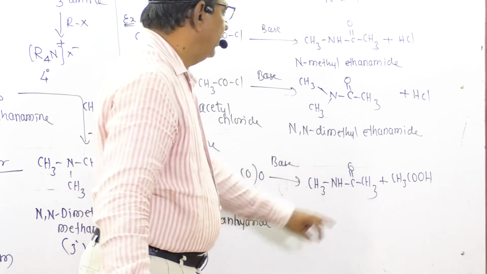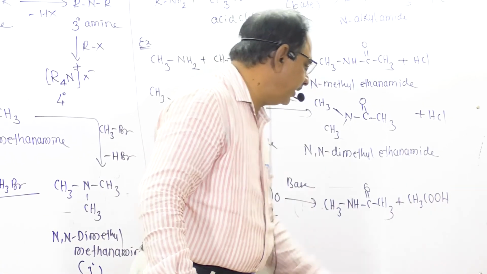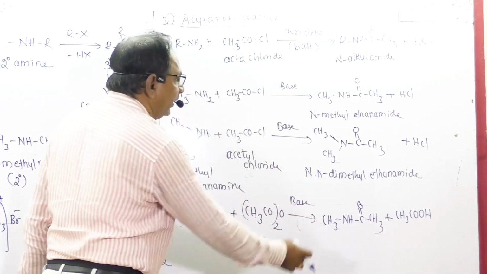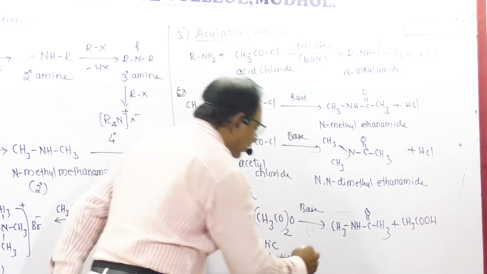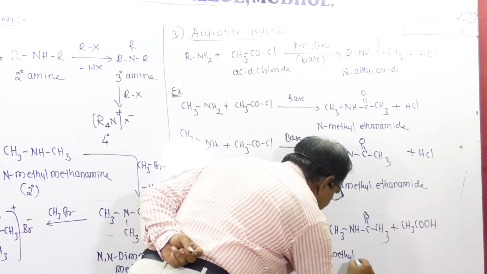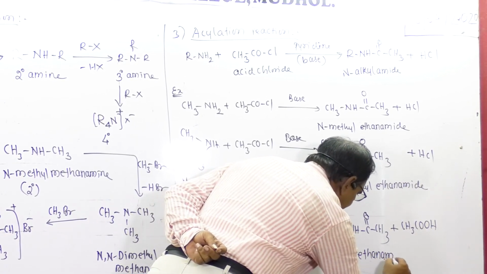So in this reaction, acetic acid is eliminated. Then the name of this one is again N-methyl ethanamide.